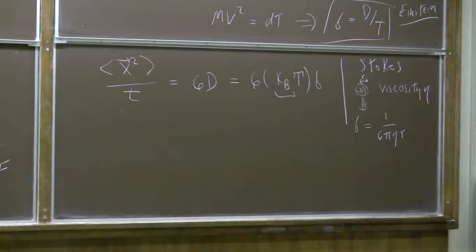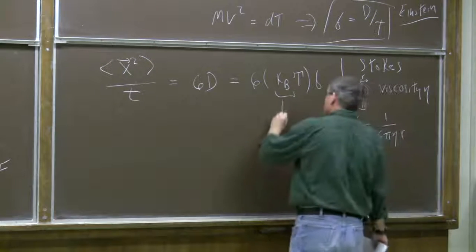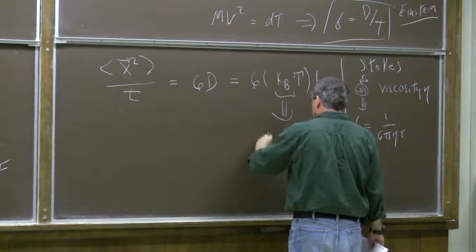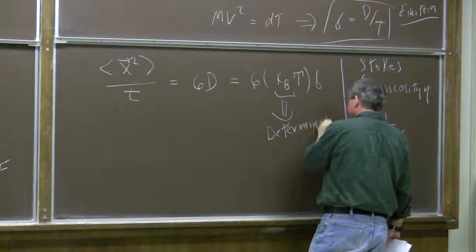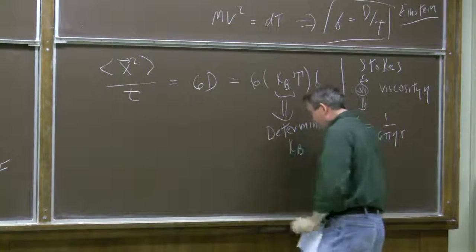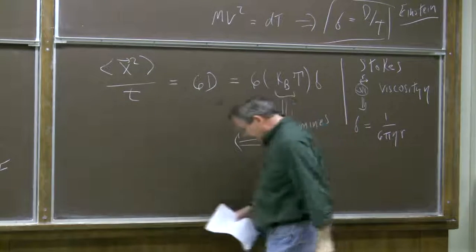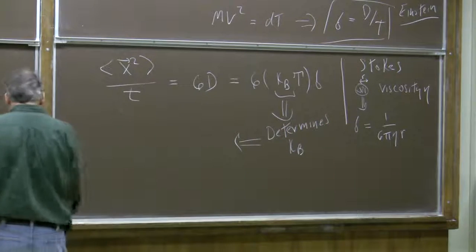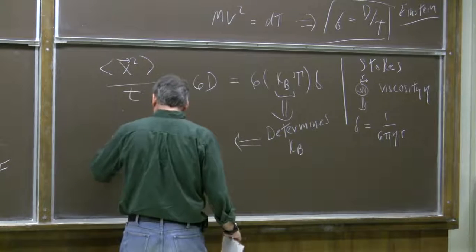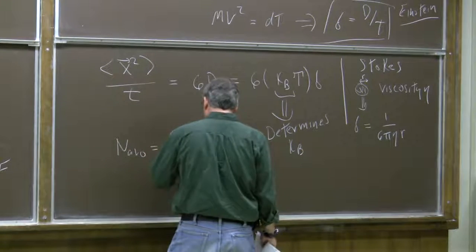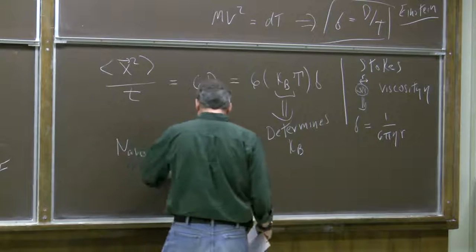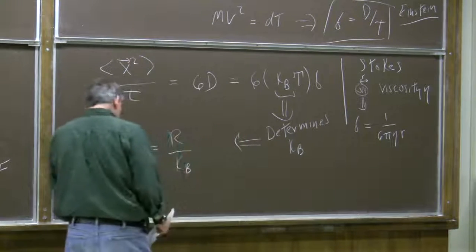So Einstein used this to derive a value of Boltzmann's constant. And you can translate that into a statement about Avogadro's number, because the Avogadro number is the ideal gas constant R divided by k_B, that is the Boltzmann constant.